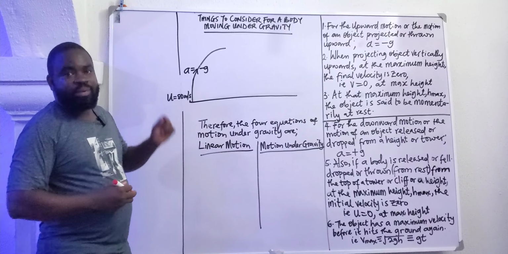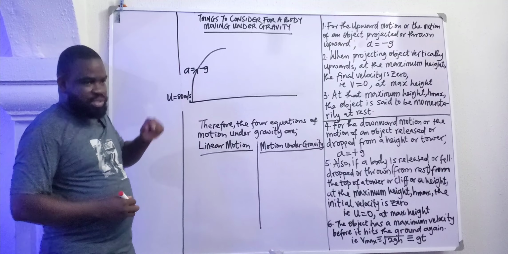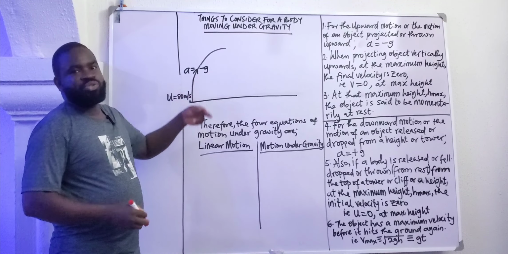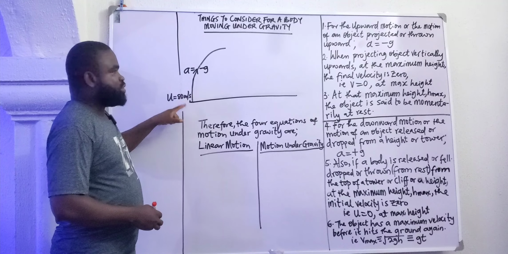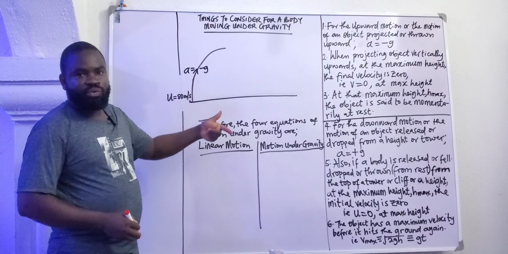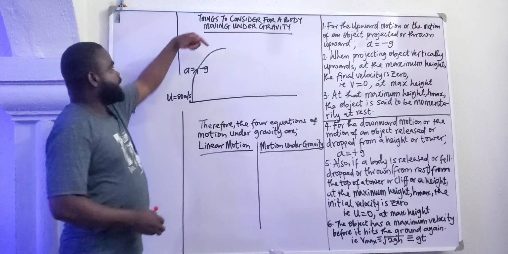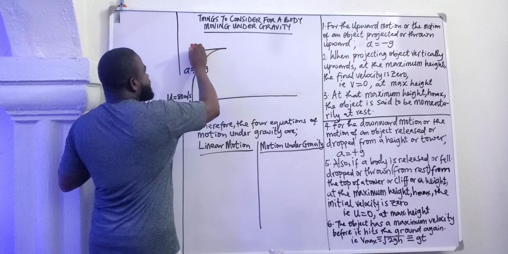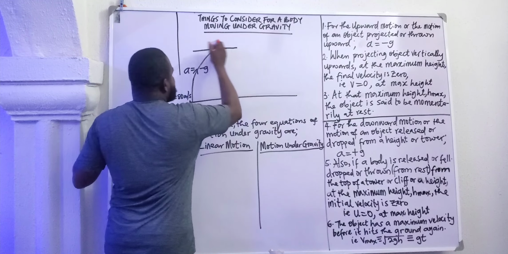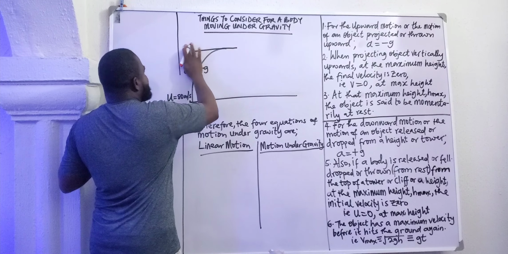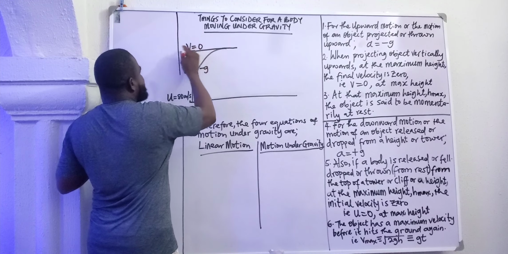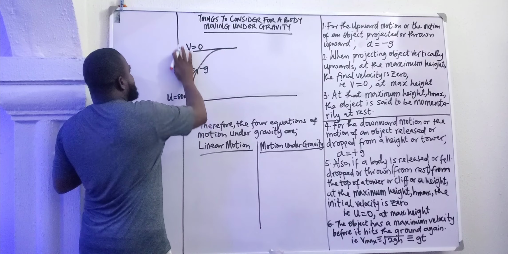So we say the body is retarding as it's going up, meaning the velocity of this body will be reducing from 80 to 70 to 50, 20, and then gets to 0 at this maximum height. At this highest height, the final velocity of the body for the upward motion will be equal to 0.